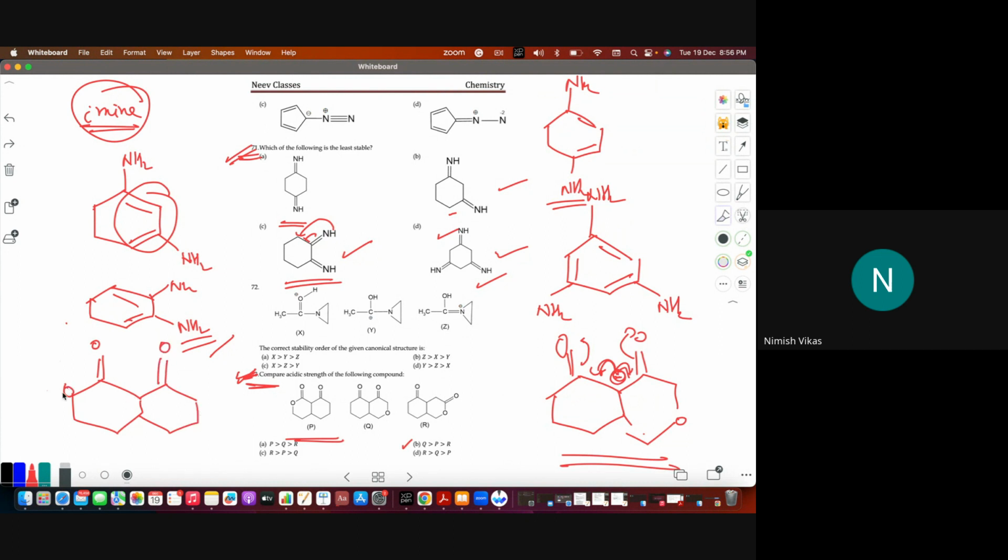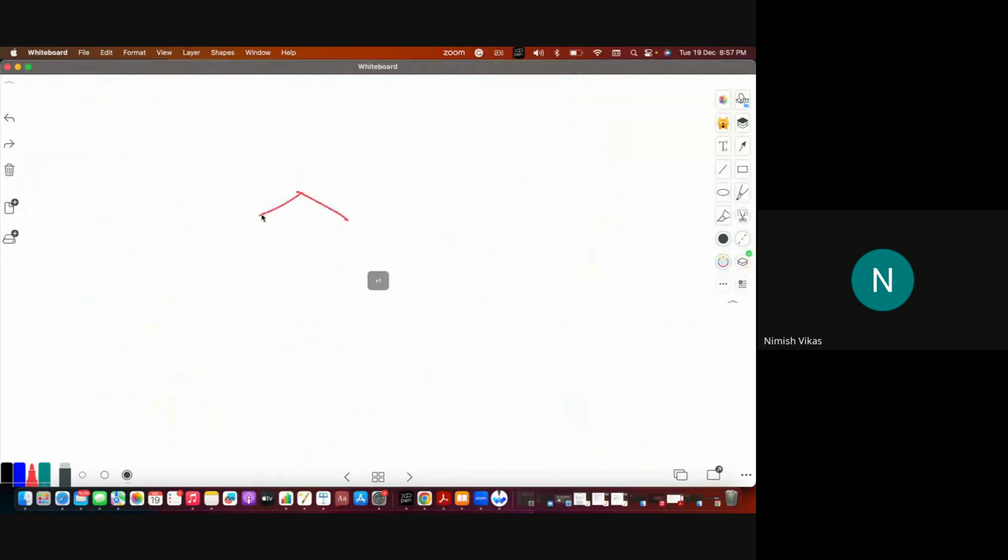So what will happen over here when a negative comes? This will also undergo resonance over here. Both are undergoing resonance. This is also undergoing resonance. But this is an ester. This is also undergoing resonance.